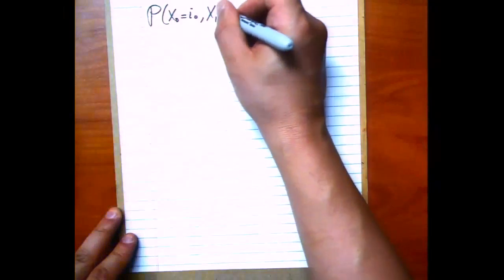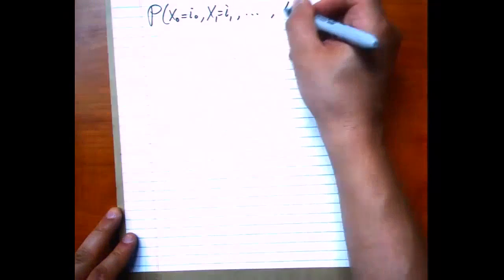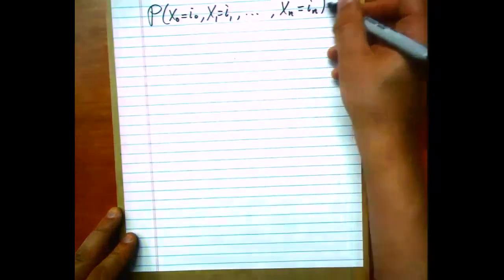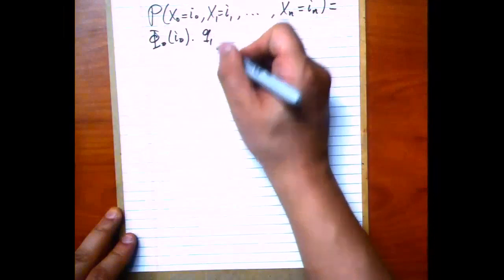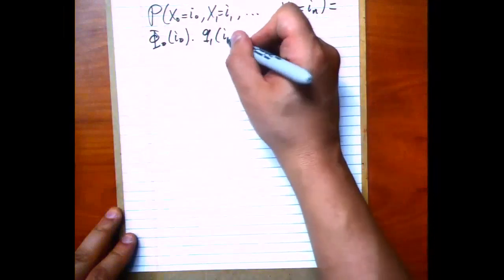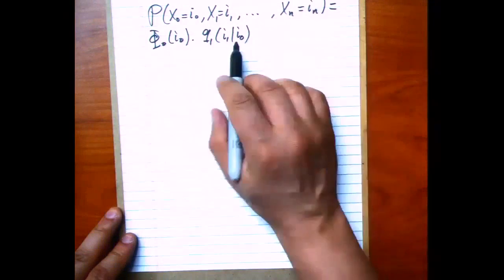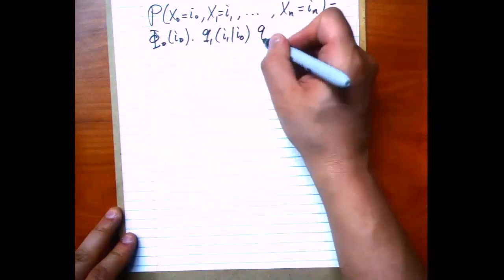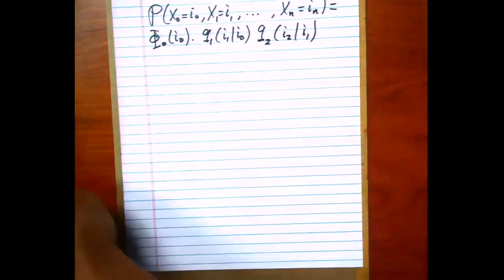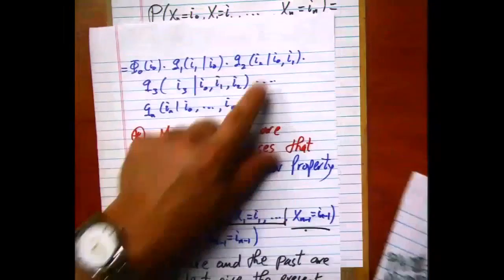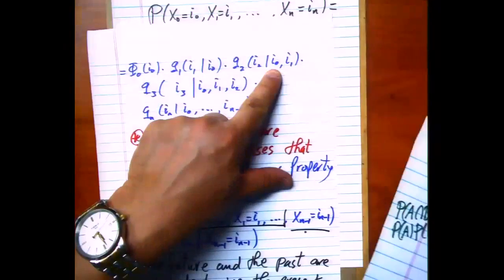So for Markov chains that we have just found out or defined using the Markov property, we have the following. The probability that x0 is I0 and x1 is I1 all the way up to xn equal to In is given by phi0 of I0 times q1 of I1, given it was an I0, so it went from I0 to I1, and at time 2 it went from I1 to I2. Notice that I dropped here I0, because the past is not going to tell us anything about the future.